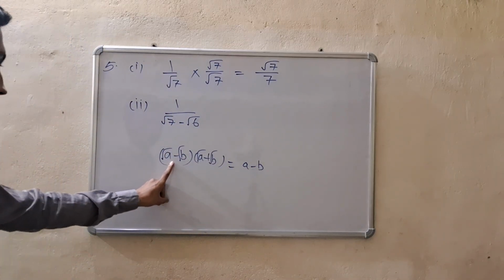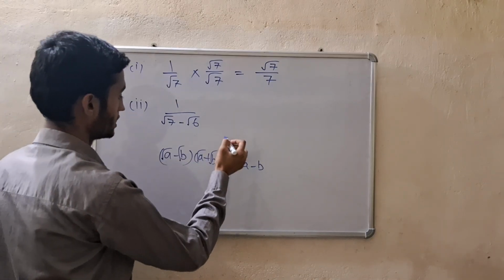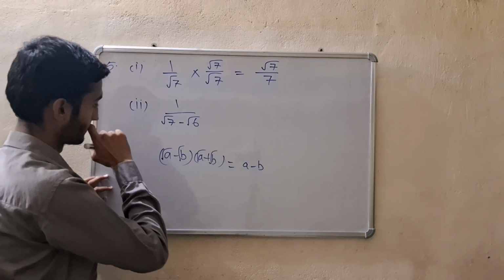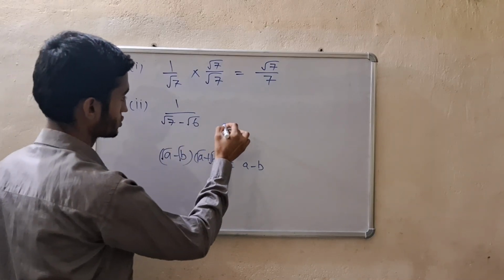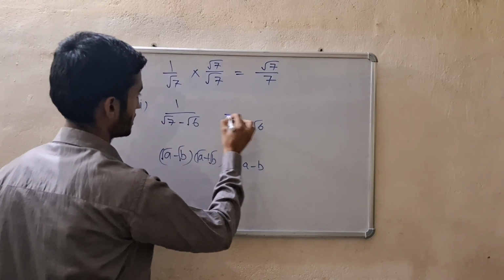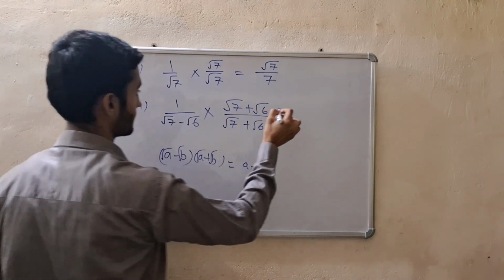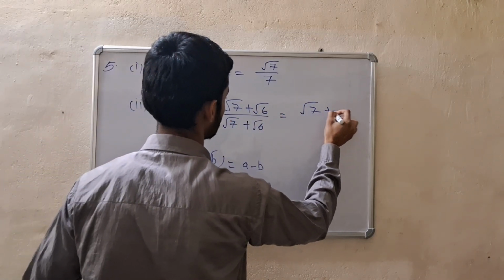If it is the square root of a minus the square root of b, you just multiply by the square root of a plus the square root of b. So we will multiply by square root of 7 plus square root of 6, and the same on the top as well. So it becomes square root of 7 plus square root of 6.